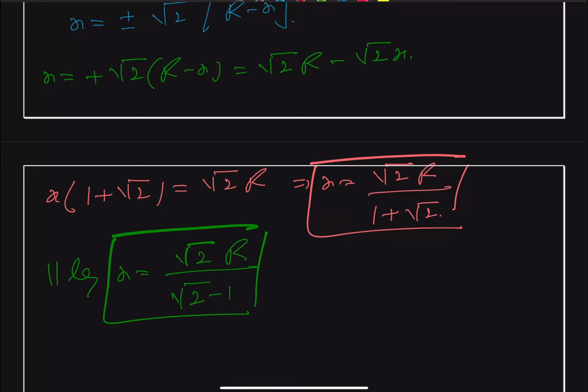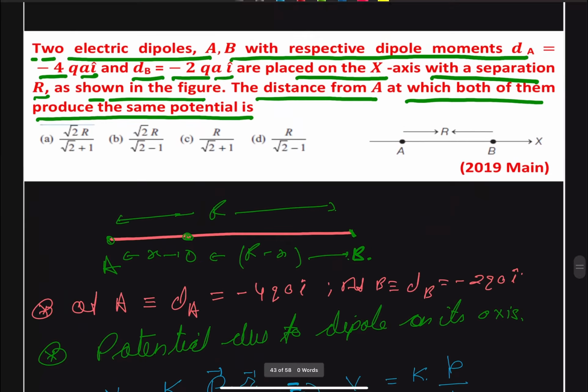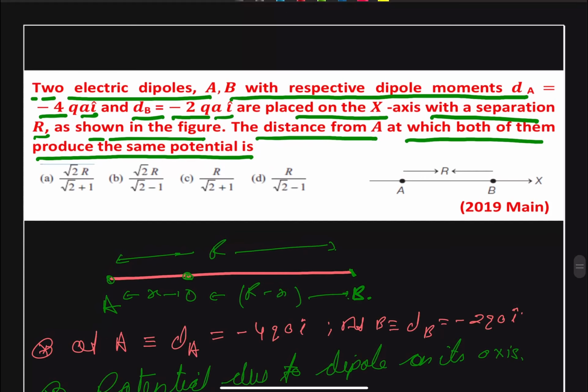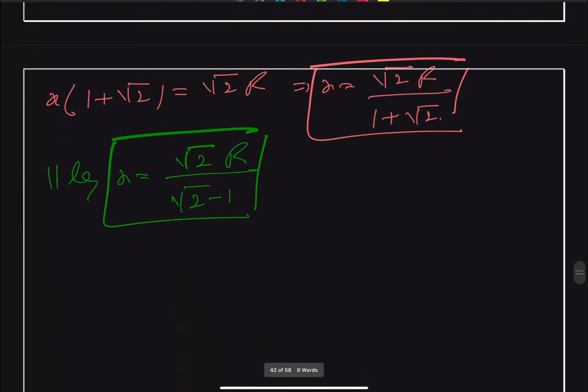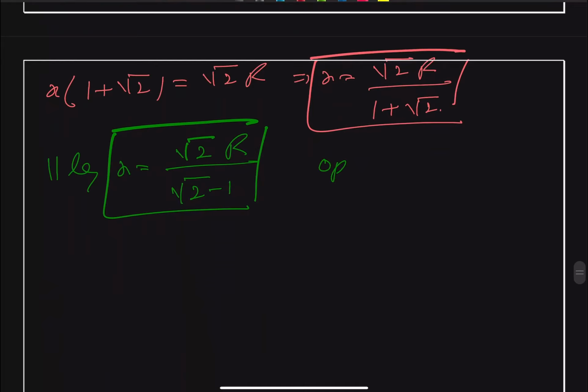So we have 2 values of x, and from these we can say that option A and B will be correct.